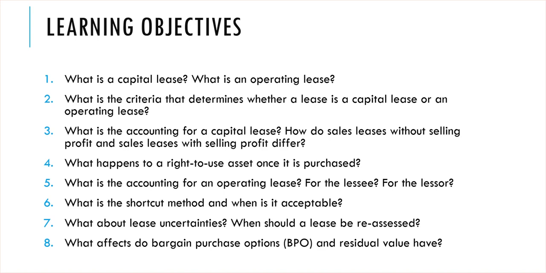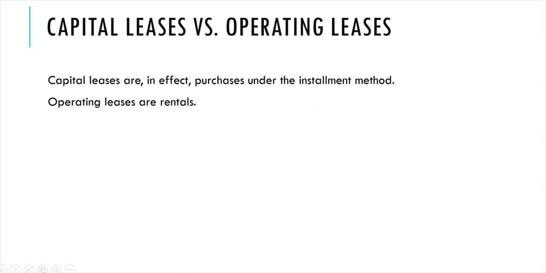So we'll keep going back to that learning objective 2 with the criteria as we work through this. So the capital lease, or the other word is finance lease, are really purchases. Again, there's no value or very little value at the end, and that's really how we know that it should be handled as if it were a sale transaction versus a rental transaction.